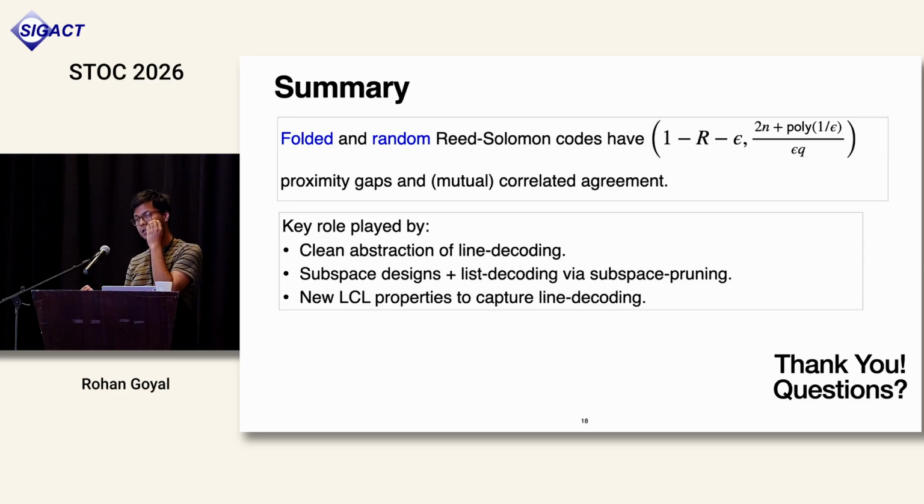There's another independent work by Haviv which has this definition, but I think this abstraction really simplified a lot for us. Then the technique is really subspace designs plus list decoding methods. We use the pruning methods from Srivastava, and then we define some local properties to capture line decoding as well. Thank you.